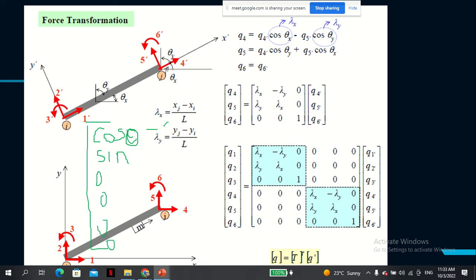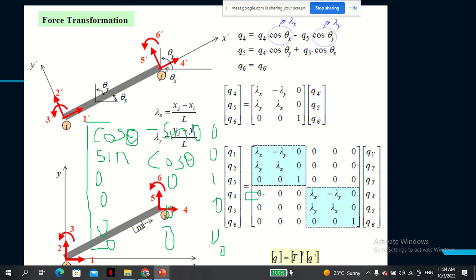This is negative sine theta, cos theta, 0, 0, 0. And this is 0, 0, 1, and then the rest are 0, 0. Of course, this is if this is a 6 by 6 matrix. Please note that.